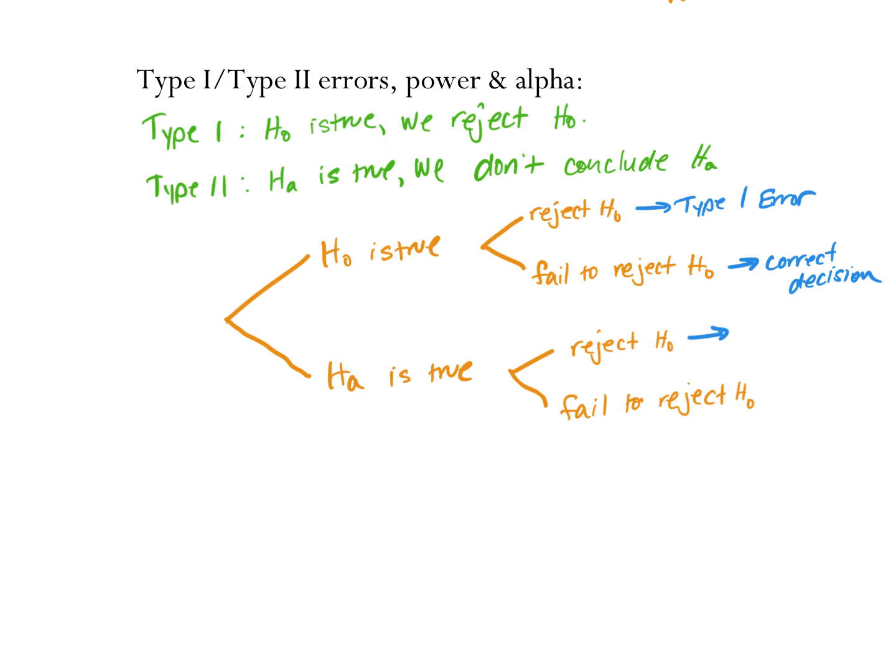So, in that case, that is a correct decision. Failing to reject the null would be a type 2 error. We still good? Okay.